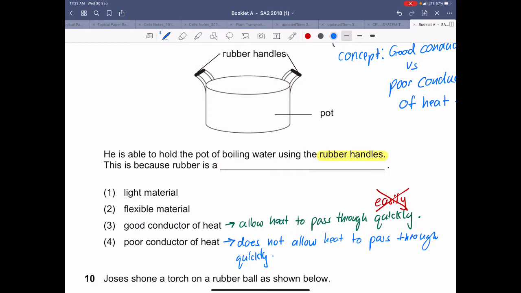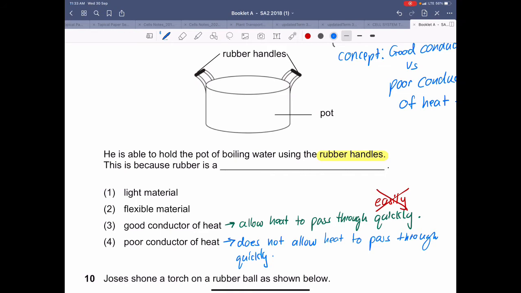It's very weird to say that it allows heat to pass through quickly, because the whole idea of a poor conductor is to prevent heat from passing through quickly.